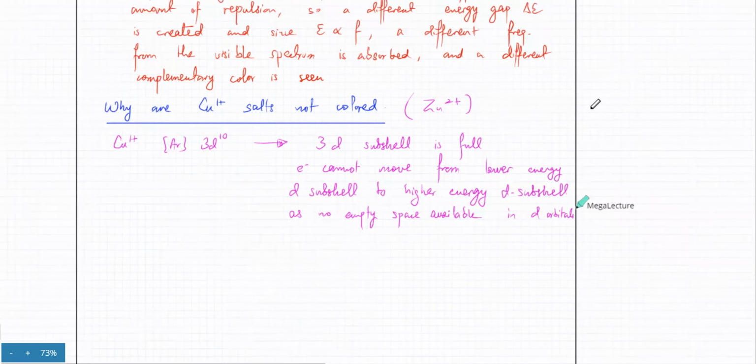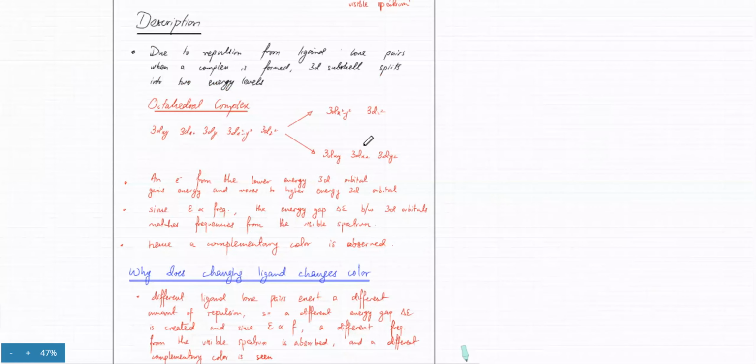So no transition is possible. All the D subshells would be full. So the electron cannot gain a frequency because there's no room or space available to put that electron in.